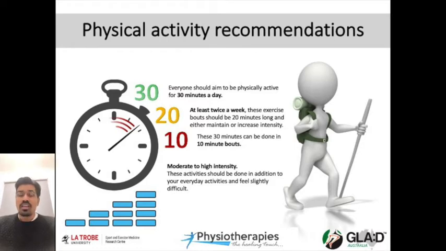In the beginning, anything is better than nothing, as I said earlier, but at least try and achieve a bit of moderate to high intensity, which raises your heart rate, meaning you're working out at a moderate to high intensity level.